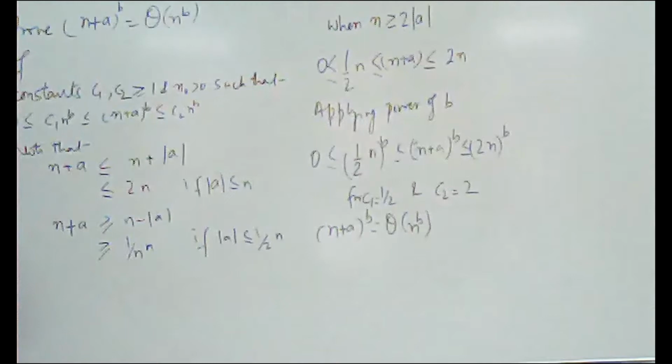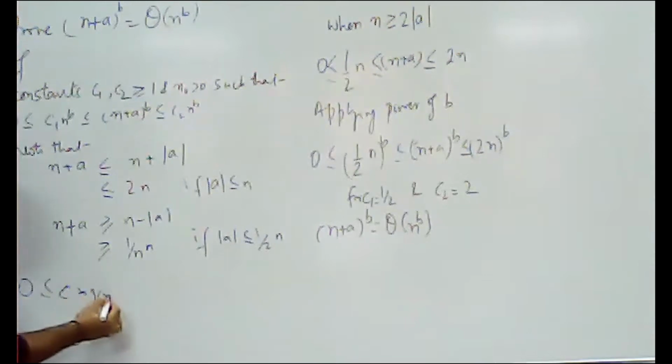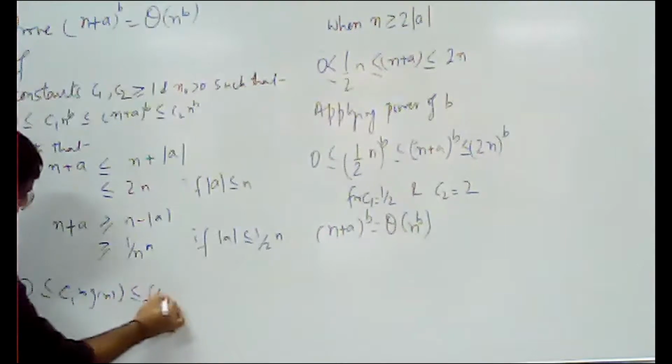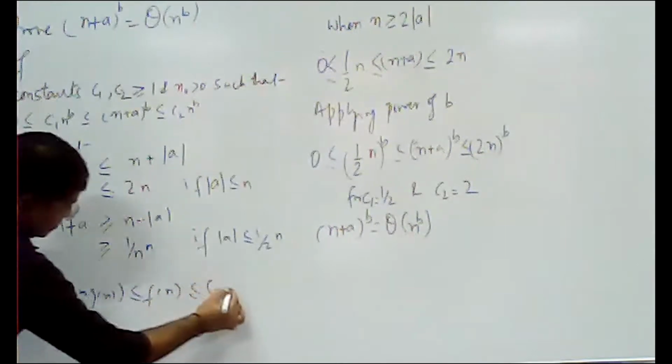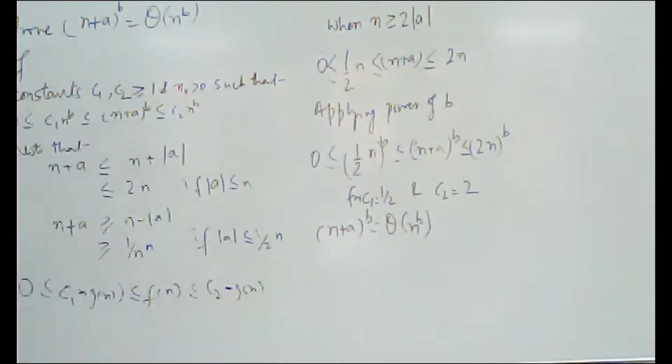So we have to find two constants, C1 and C2, which can satisfy this condition: 0 less than or equal to C1 into Gn less than or equal to Fn, and less than or equal to C2 into Gn. So this is the definition of theta. This we have to prove.